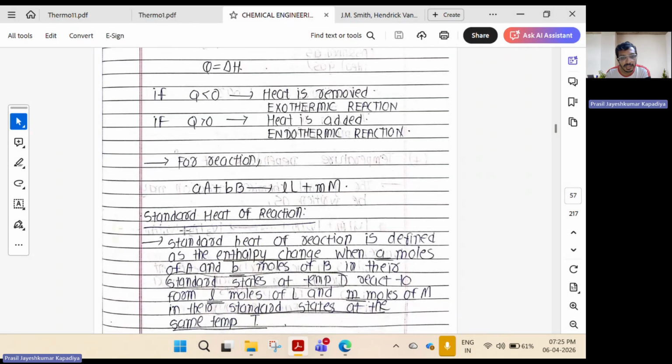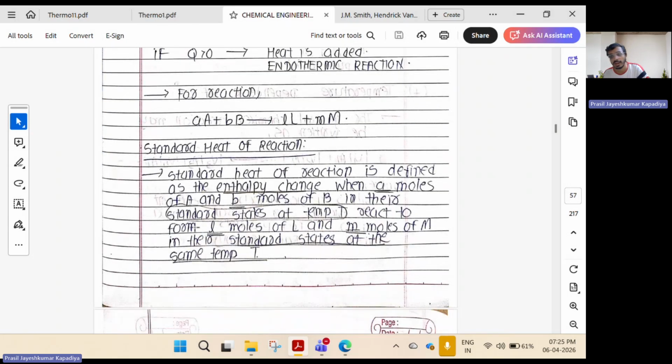So what is the standard heat of reaction? How is it defined? The standard heat of reaction is defined as the enthalpy change when a moles of A and b moles of B in their standard states at temperature T react to form l moles of L and m moles of M in their standard states at the same temperature.